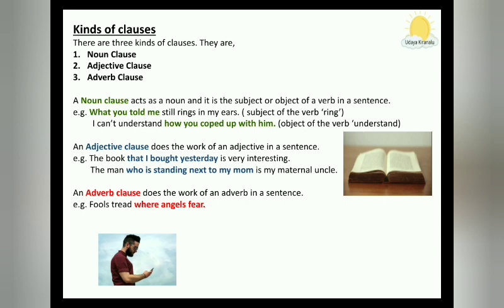Say something about this picture. He went home early as he got a call from his wife. As he got a call from his wife is an adverb clause and it talks about a reason. It gives us a reason.